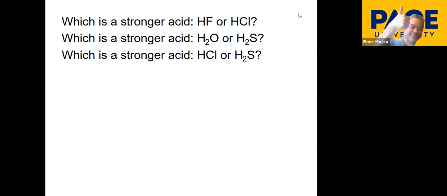Either the thumbs up or the clap. Which is a stronger acid? Maybe you answer with thumbs up or clap. I think I see most of you with the hand. So the answer there is the hand.